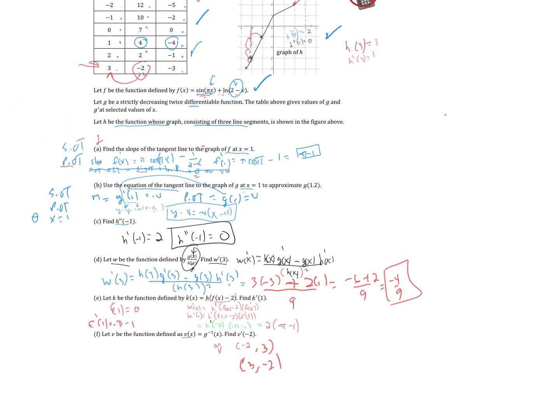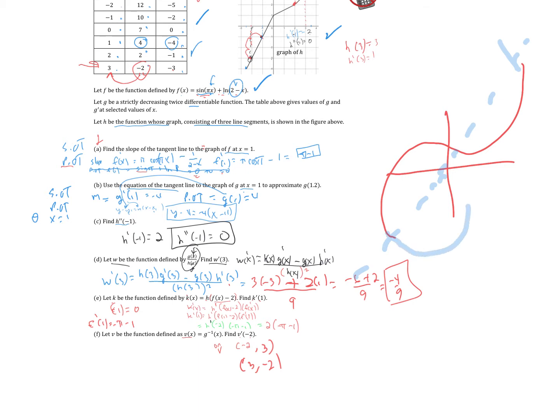If you recall, when we have a graph and we talk about the y equals x line, when we draw the inverse, it is a reflection over the y equals x line.